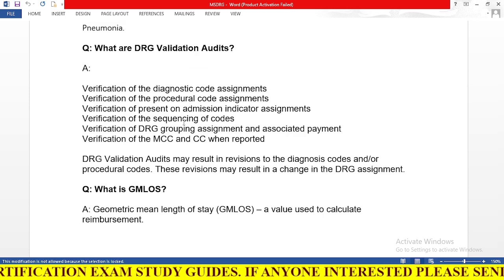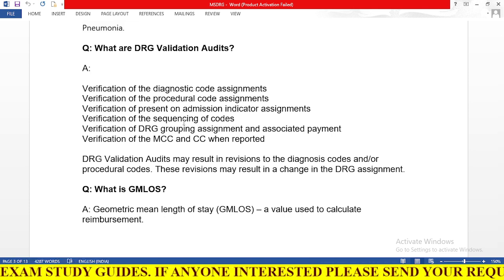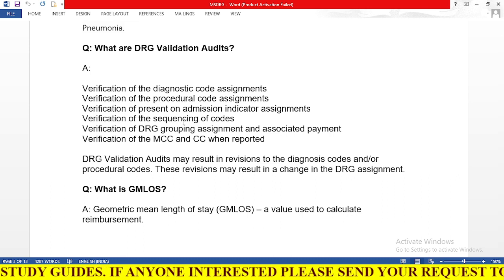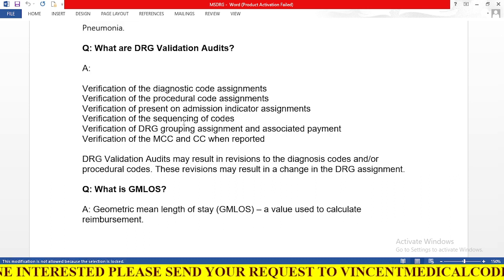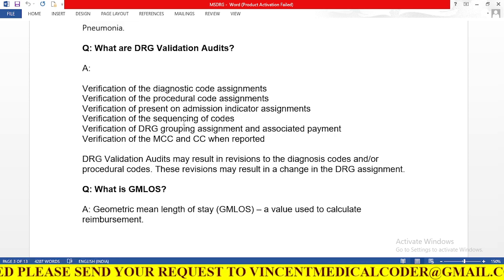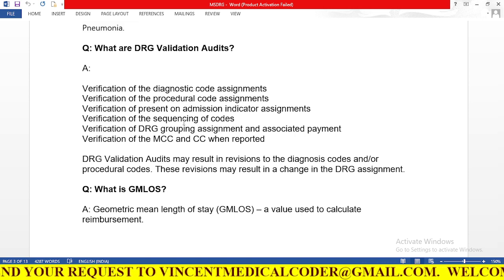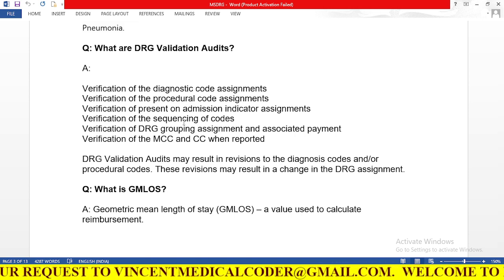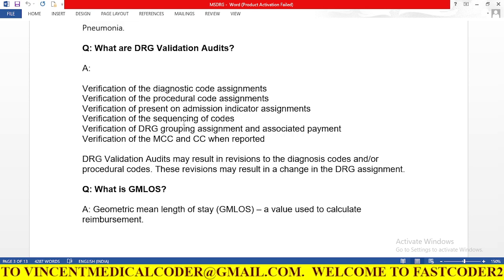We have basically different categories of MS-DRGs: single tier, two tier, three tier. Single tier means documentation of a CC or MCC does not impact reimbursement. Two tier or pair means for some two-tier MS-DRGs, reimbursement increases the same amount with either a CC or MCC.